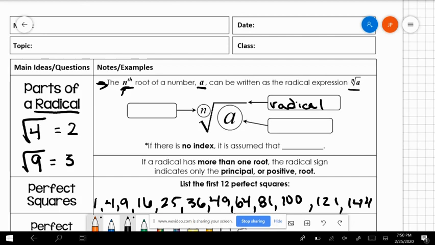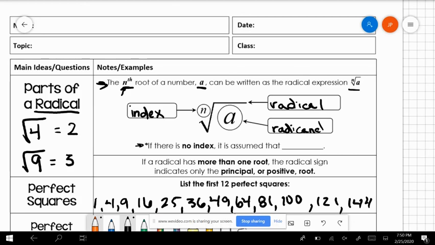What that n is has a special name. It's called the index. So if I put a 2 there, a 3 there, a 4 there, that's my index. A, the thing underneath that radical sign, is called the radicand, and you're going to hear that word thrown around a bit.